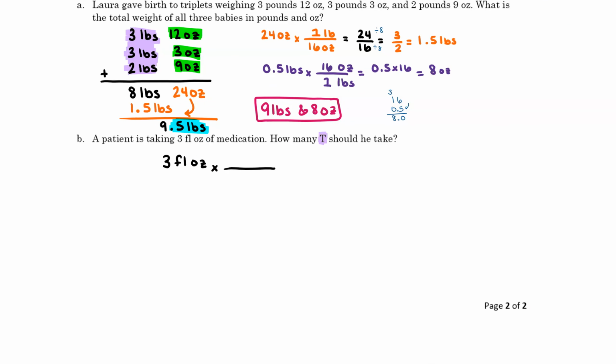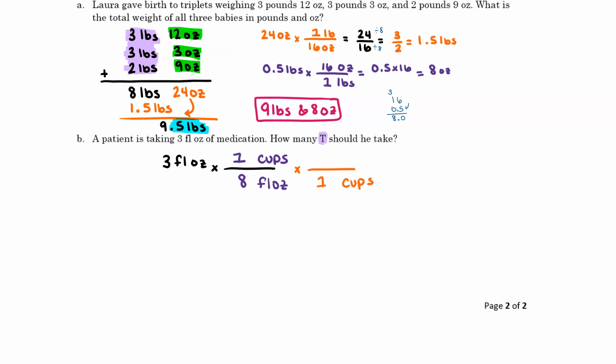I'm going to put fluid ounces on bottom and cups on top. So I know 8 fluid ounces makes 1 cup. But now I have to get rid of cups.